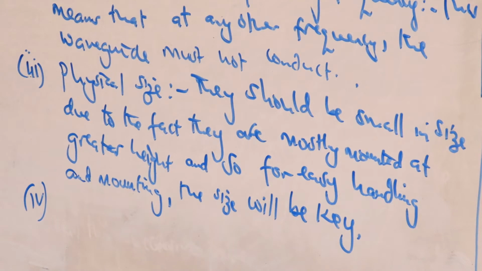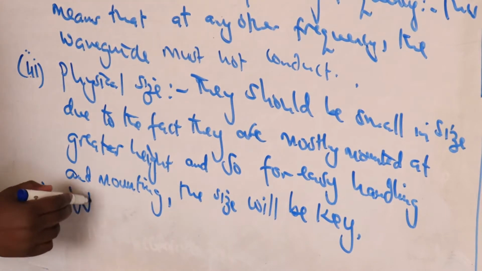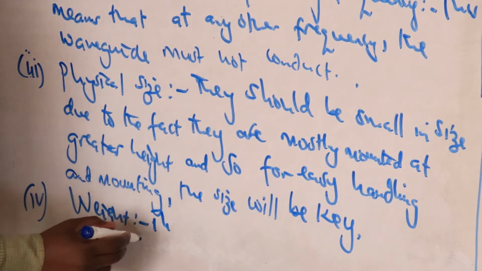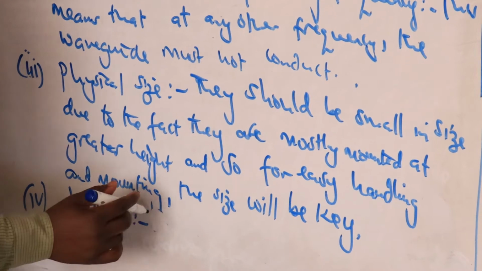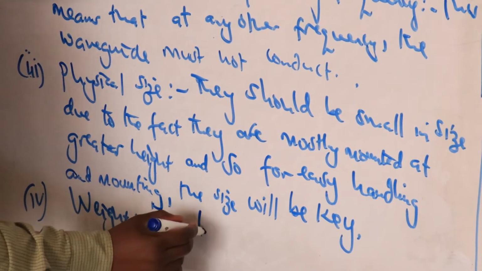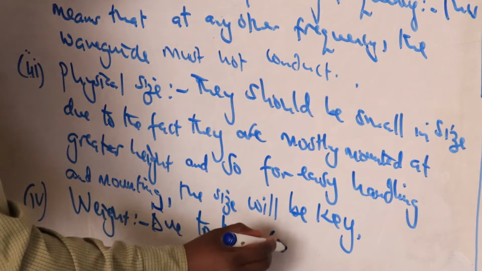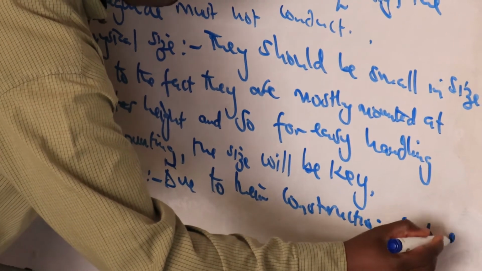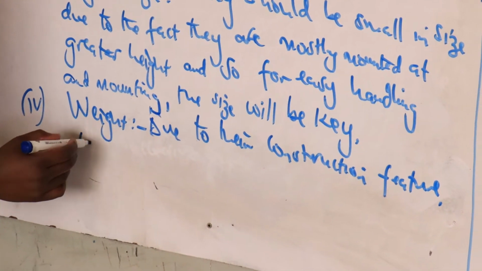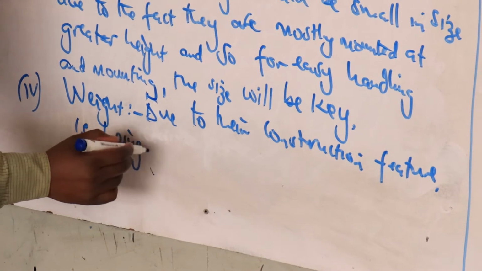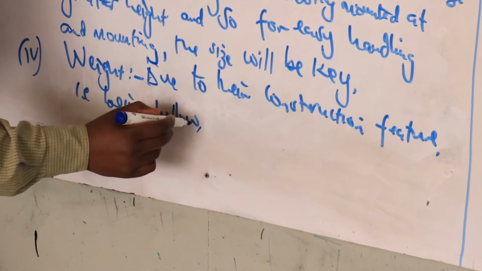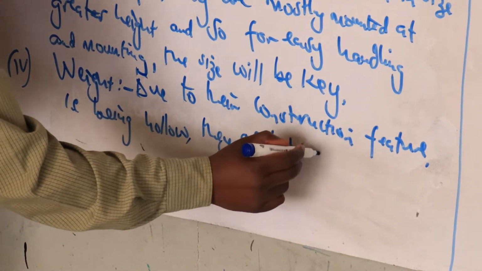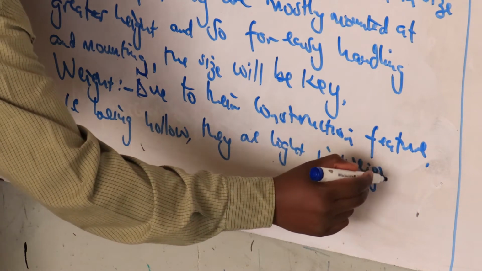Then number 4, we need to also see the weight. Due to their construction feature, i.e., being hollow, they are light in weight.